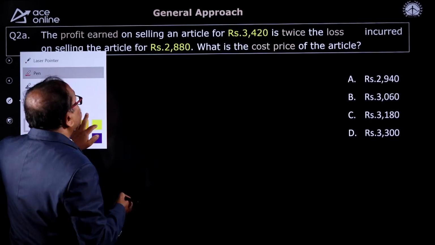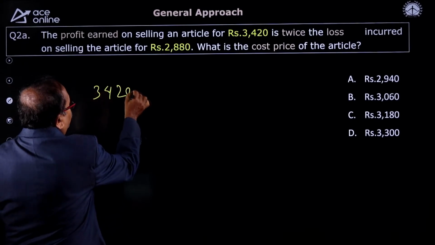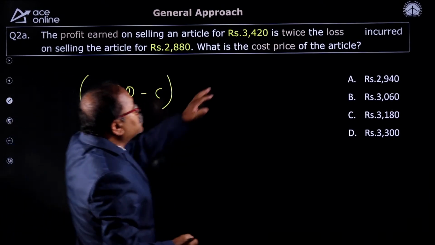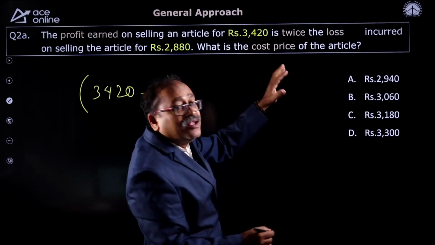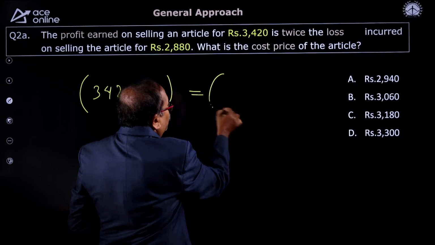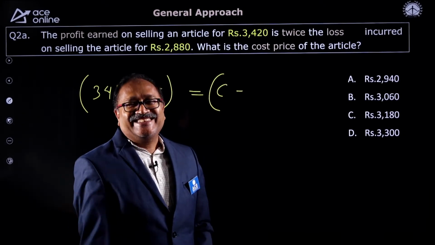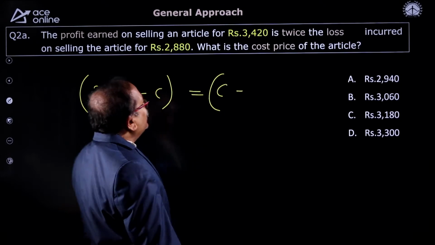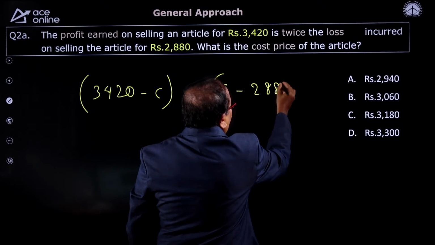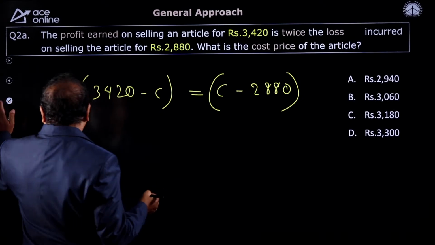So it comes this way: 3,420 minus C is my profit, and this profit is twice the loss. The loss is equal to cost price minus selling price. So what is the selling price over here? That is 2,880.